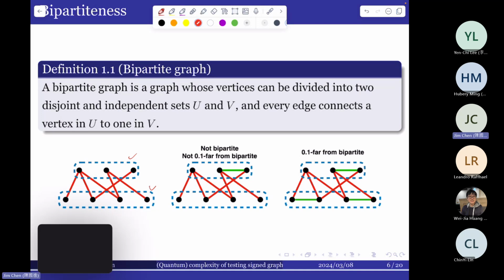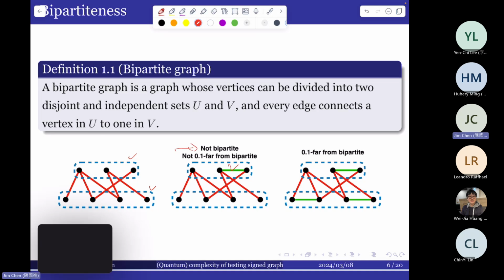Then we call it bipartite. So for the second graph, we know that it is not bipartite, since we can find an edge in this component, right? However, if we are allowed to remove this edge, then this graph becomes bipartite.